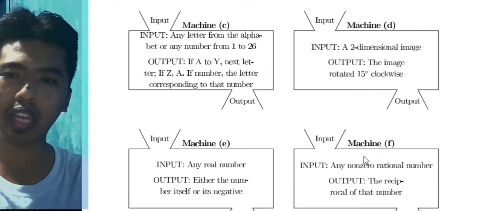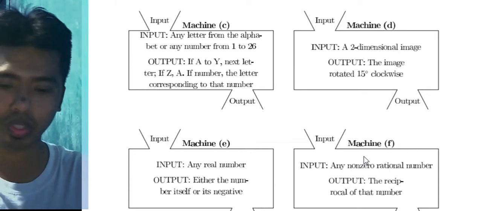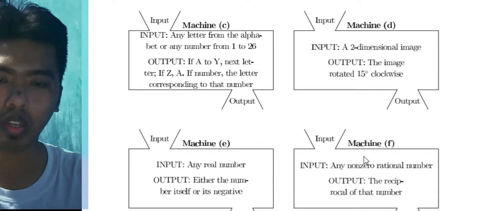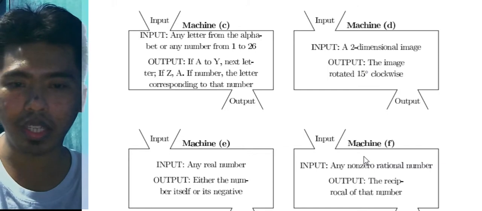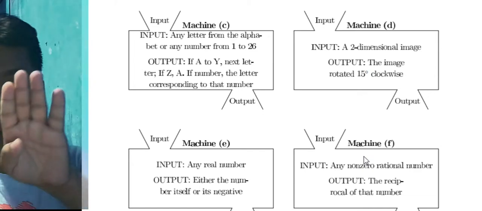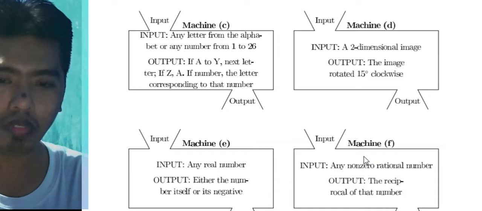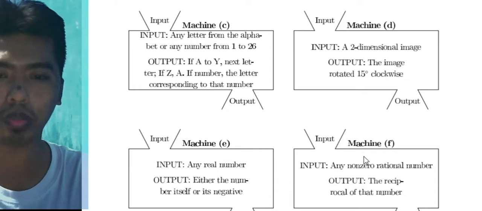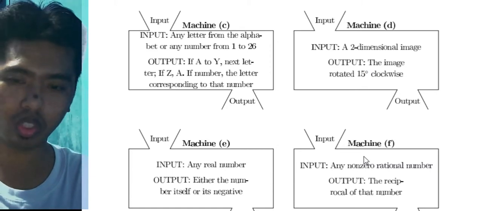I think any image you put there has a unique output, since you put a unique input. So let me say if you have a 2x2 ID or 2x2 picture, you input that one, then the output would be it rotated clockwise. So in every input you have a unique output. Therefore machine D is a function.